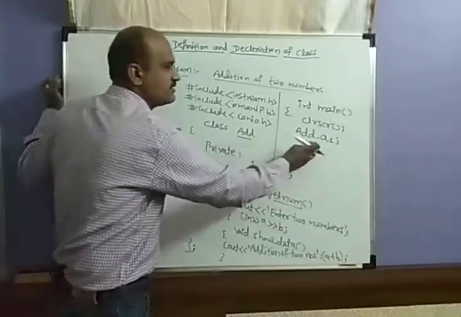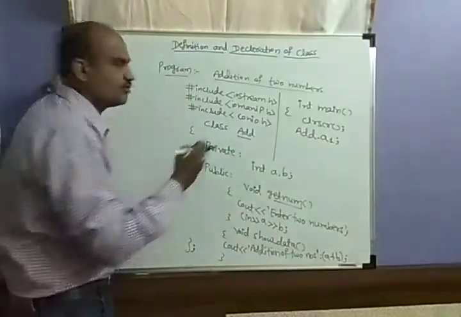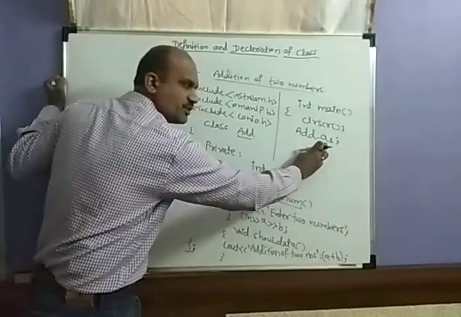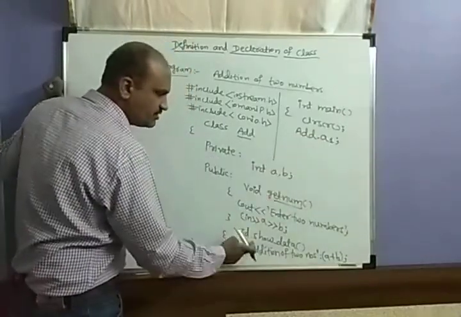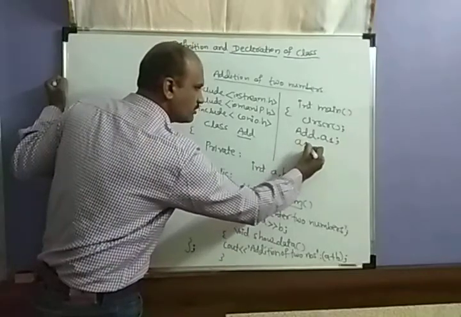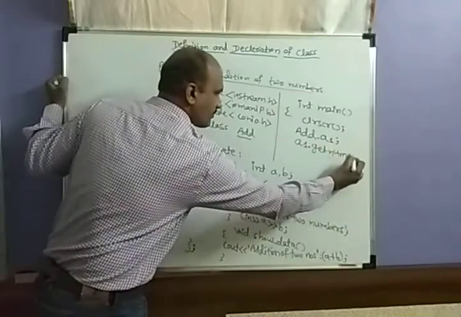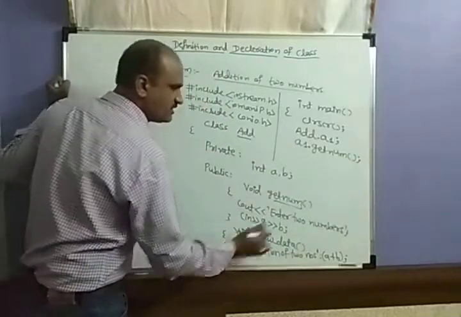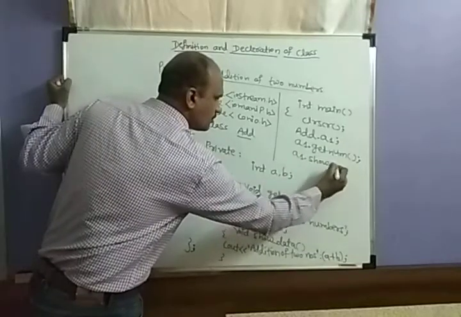Add dot a1: the dot is for the object. This is the object you created for this class, so from this object you can access these two functions. That is a1 dot, what is the function name? getnum, open and close the brackets, and the semicolon. Then another function, show data, a1 dot show data.